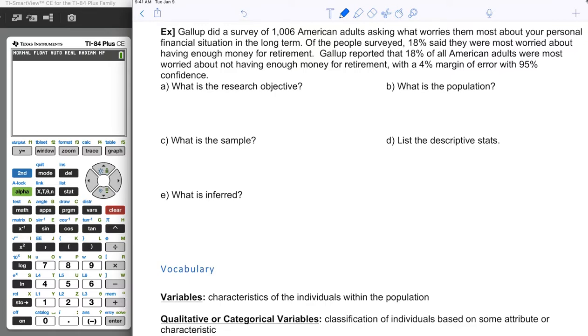So part A, what is the research objective? So what did they want to find out? Well, it was to find out what worries Americans most about long-term financial situation.